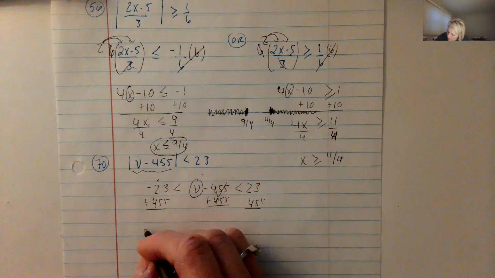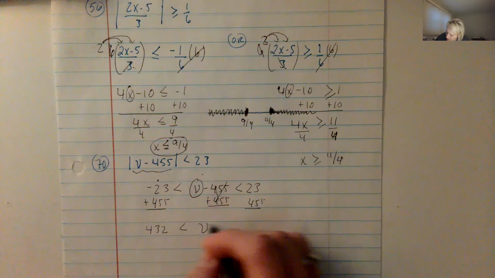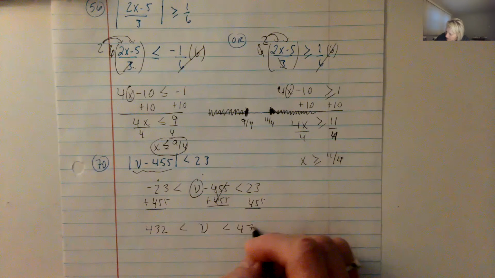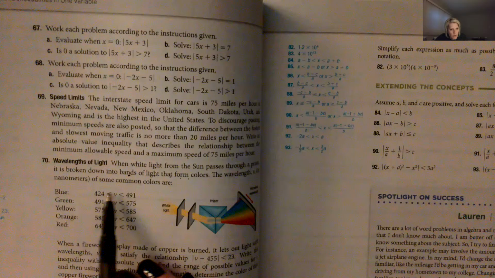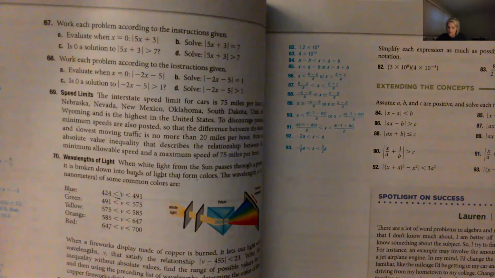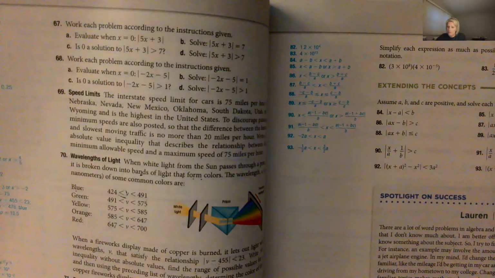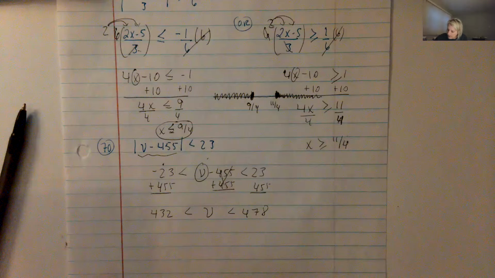And so we get 432 less than V less than 478. So let's see what color that is. 432 to 478. So we're in between the blue, so it must be blue. That's cool. Blue. I'm going to write it with my blue pen.